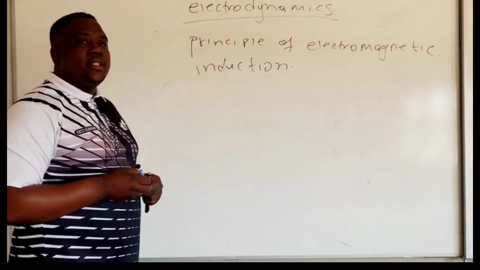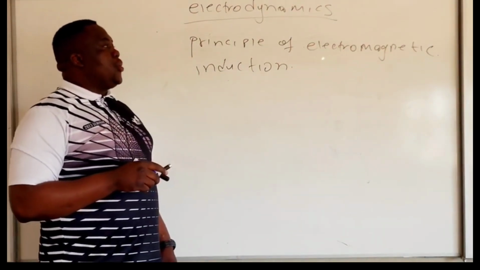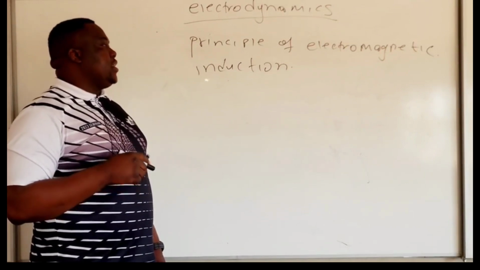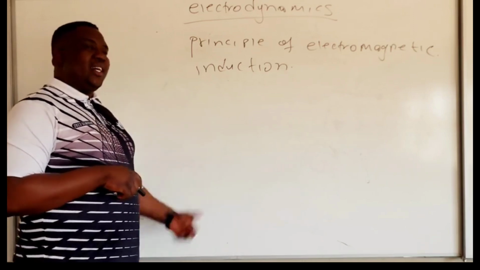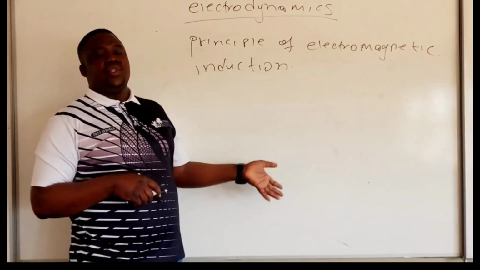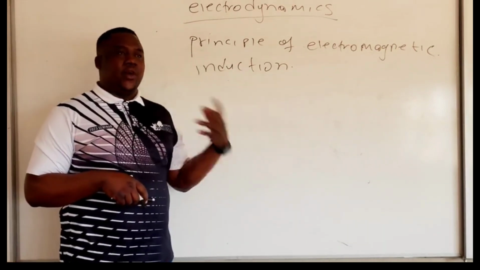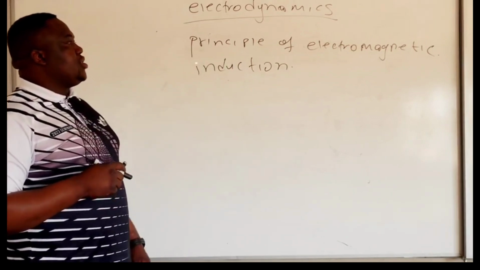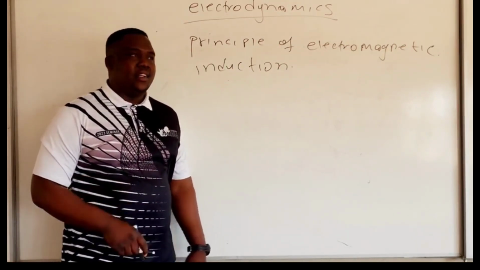So the current and the voltage are produced from the principle of electromagnetic induction. Sometimes the examiner will ask you, what is the principle that is being used to bring about current and voltage? The principle that is used is the principle of electromagnetic induction.